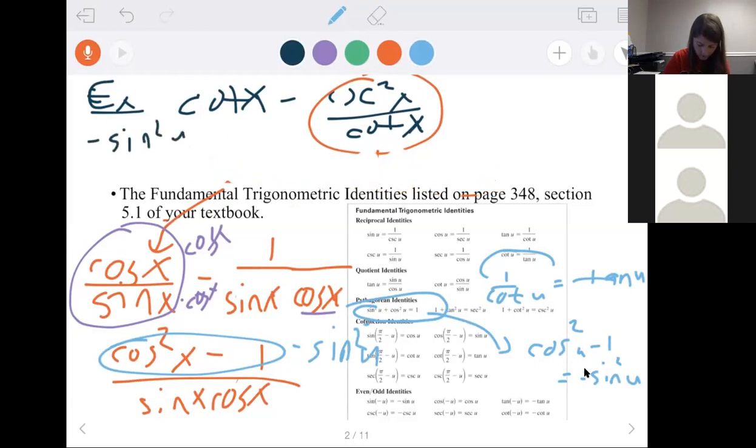Oh, sorry, x. I should put an x back here, not a u. I would prefer they not give us u's, just give us x's. But sine squared x on top, negative sine squared x on top, and sine x cosine x.